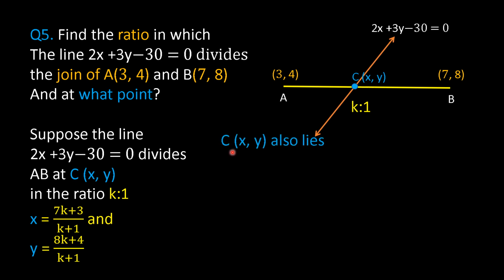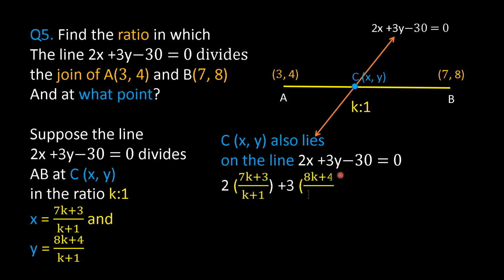Next, C(x, y) also lies on this line. Therefore, we can substitute for x and y: 2 times (7k plus 3) by (k plus 1) for x, plus 3 times for y we can substitute (8k plus 4) upon (k plus 1).